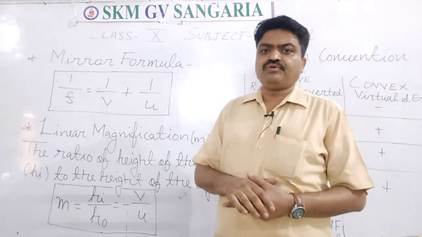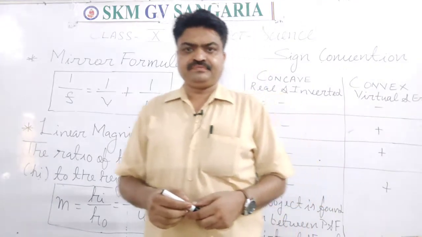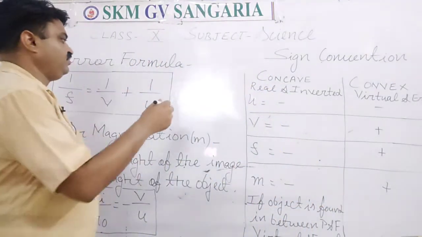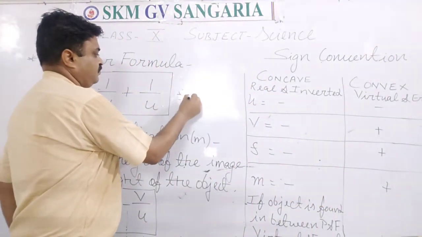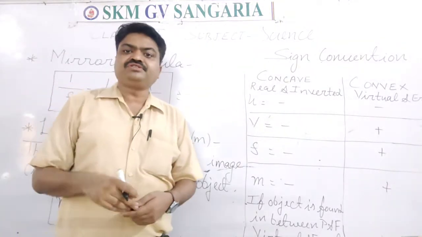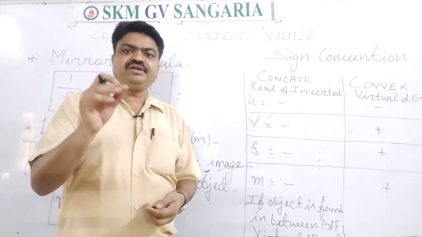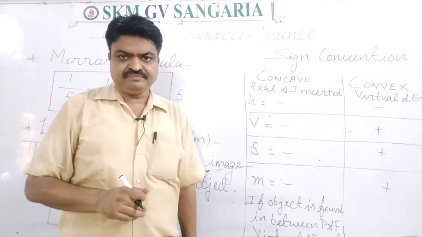Now we come to the next formula, that is, f is always equal to r upon 2. Many times a question comes in which only the radius of curvature is given.